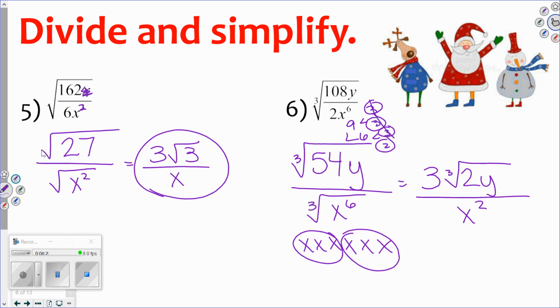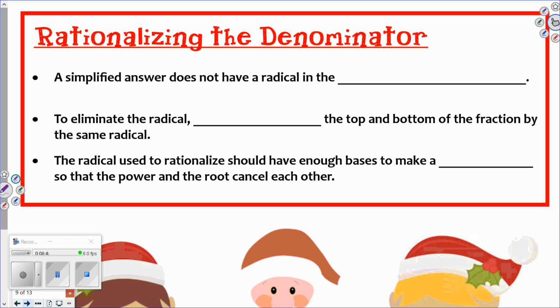So what's x squared? Yep, it's the leftovers. I don't have 3 y's to take out, so he has to stay in. He's watching Netflix. That's right. Okay.